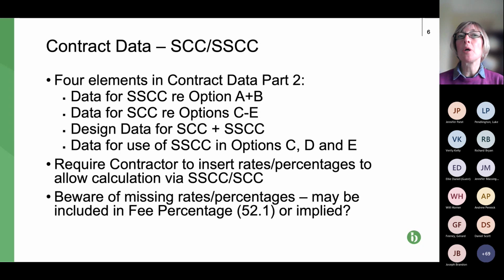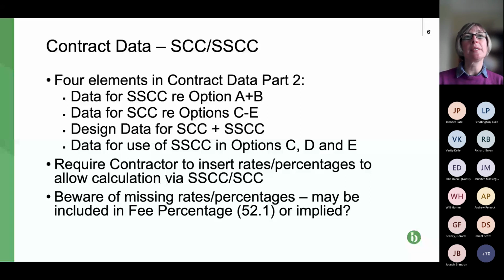Then there's the data to complete for the schedule of cost components if you're on options C, D or E. There's also design data for both, whether you're on options A and B or options C, D and E. And then there's also the data where you're on options C, D and E, but if you remember the last slide, you've got the option to agree to use the shorter schedule, so there's data to include in there.